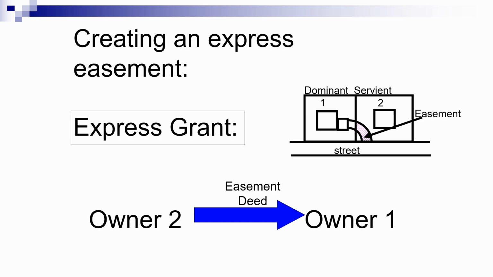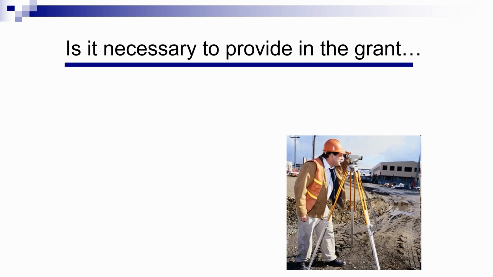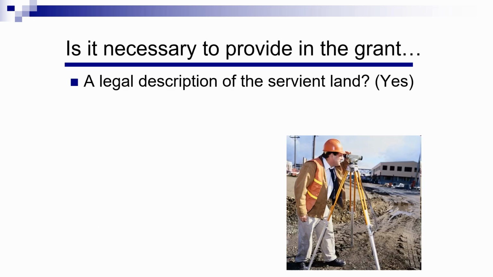In the grant situation, what happens is that owner 2 grants an easement using a deed to owner 1. So we might say that the servient owner grants the easement to the dominant owner. Is it necessary to provide in the grant a legal description of the servient land?